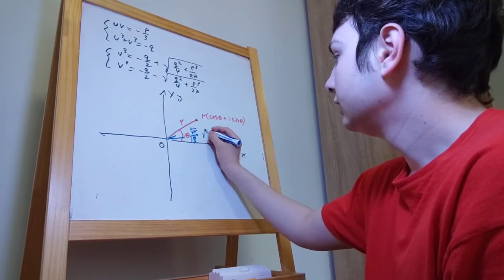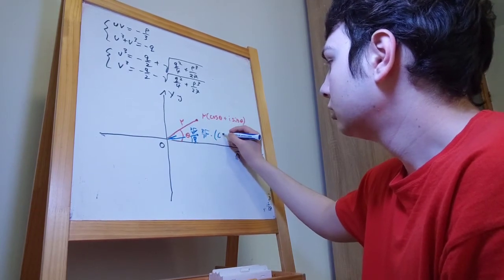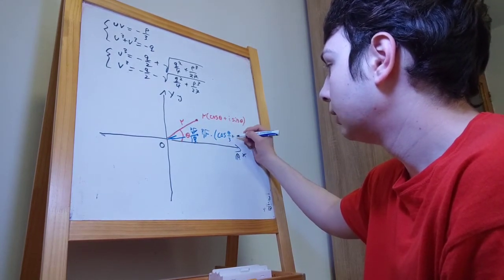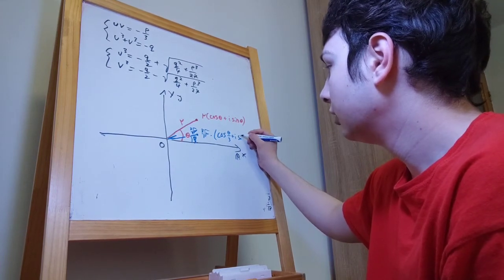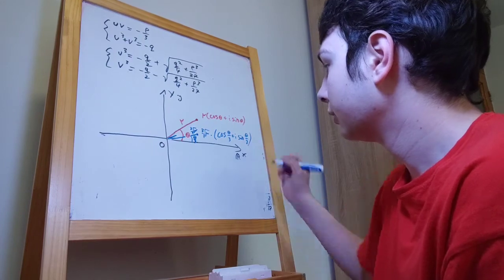This number is cube root of r times (cosine of theta over 3 plus i sine of theta over 3).